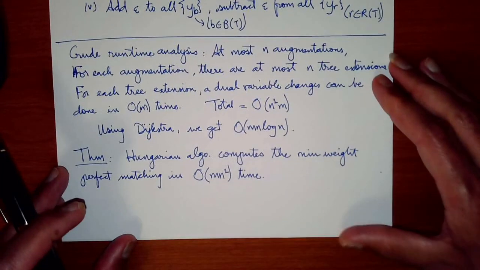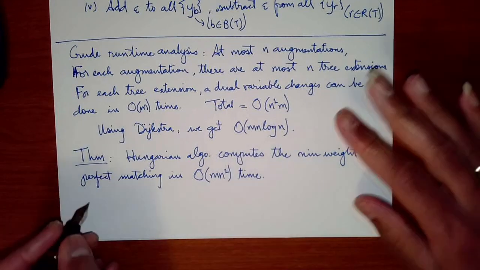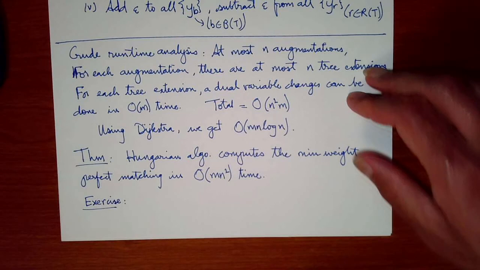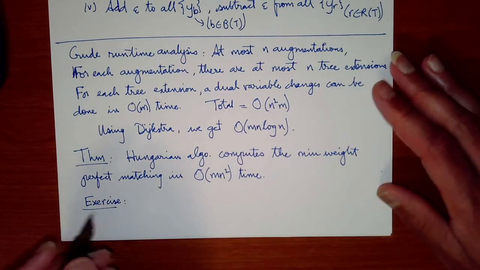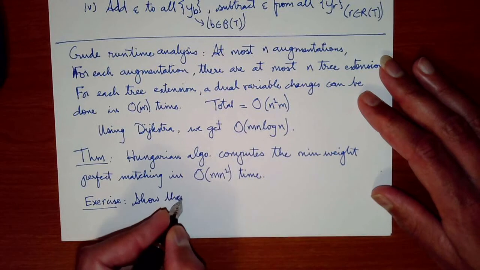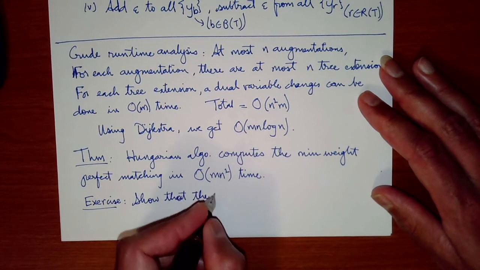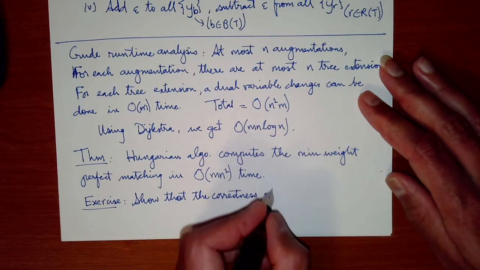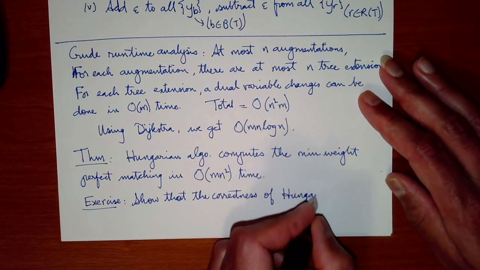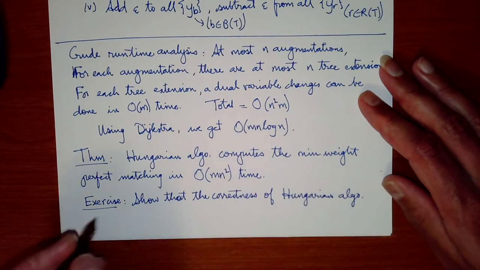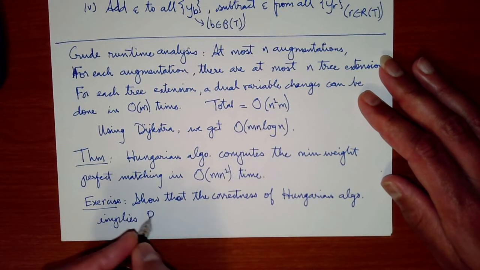I'm going to state something here that I'll leave as an exercise, but this is a very useful exercise. This is related to a question asked in the beginning. Show that the correctness of the Hungarian algorithm implies Birkhoff's theorem.